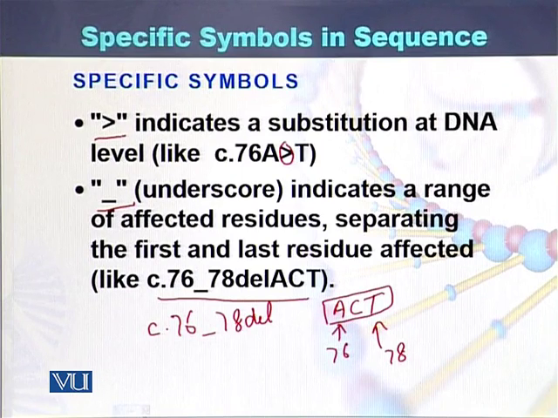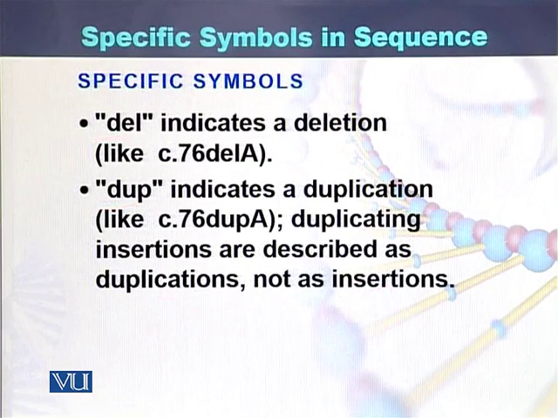If we have to mention the deleted nucleotides, it will be c.76_78del and those nucleotides which have been deleted. In this case they are ACT. Del indicates the deletion.